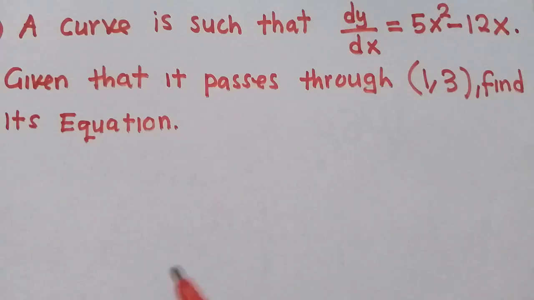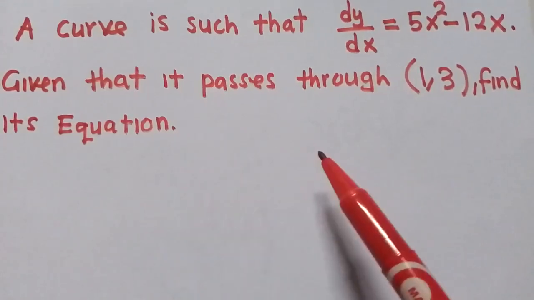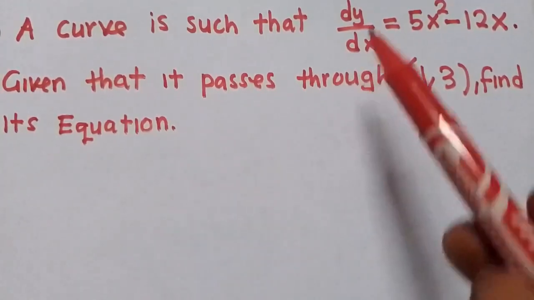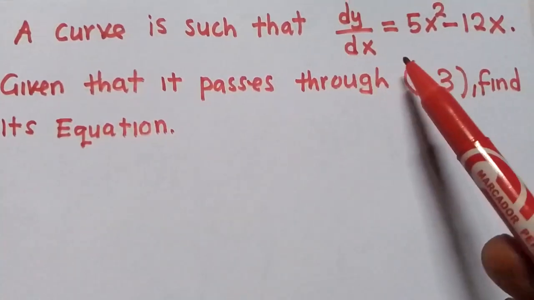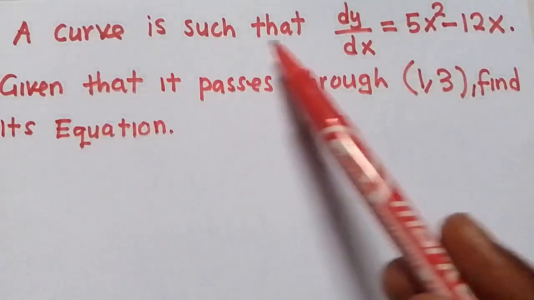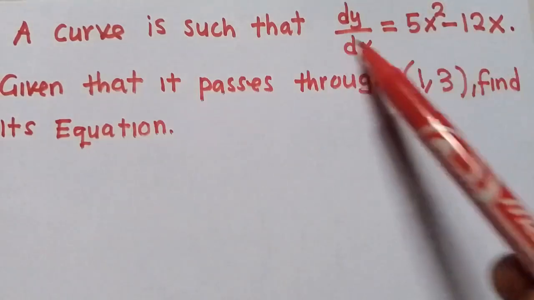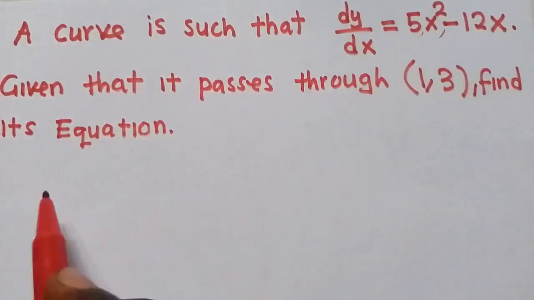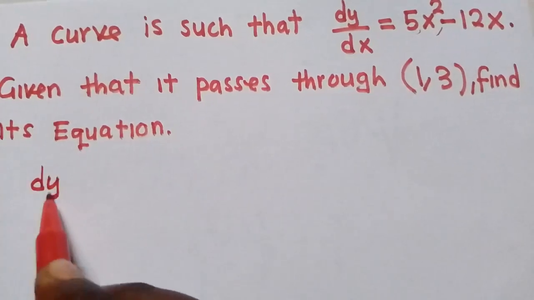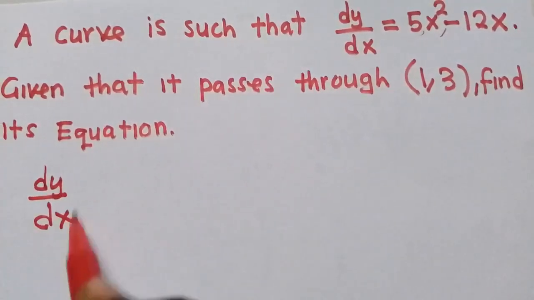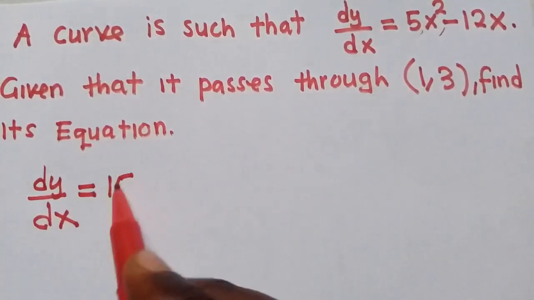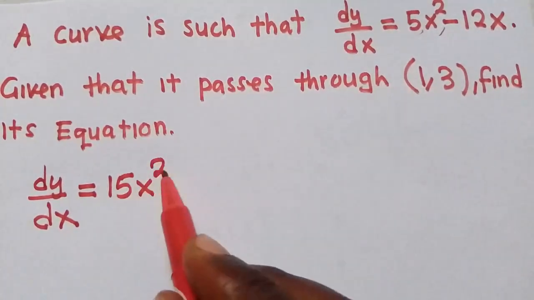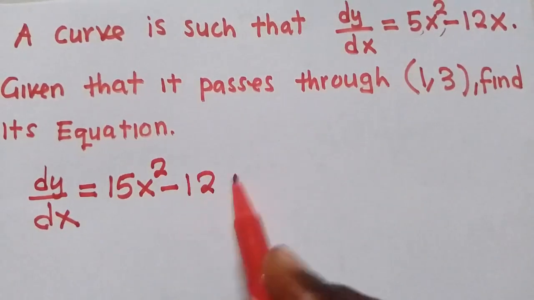So what you need to do on this one, the first thing: it is given that dy/dx we are given, which is equal to what? 15x squared minus 12x.